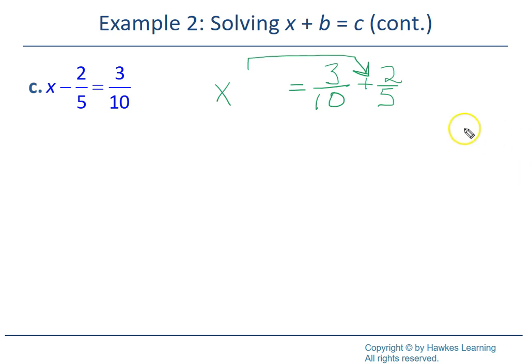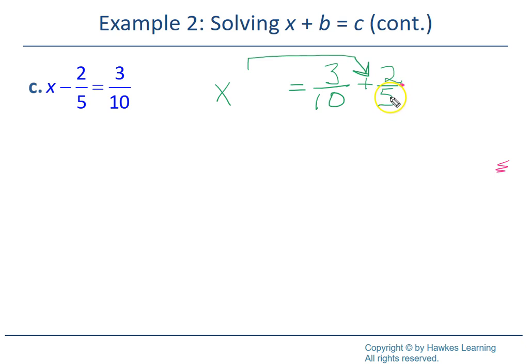But in order to add fractions with unlike denominators, we have to convert this fraction to a denominator of 10. Now, we are allowed to multiply any term by a 1 without changing its value. And the form of 1 that I'm going to multiply this fraction by is something that will make this denominator a 10.